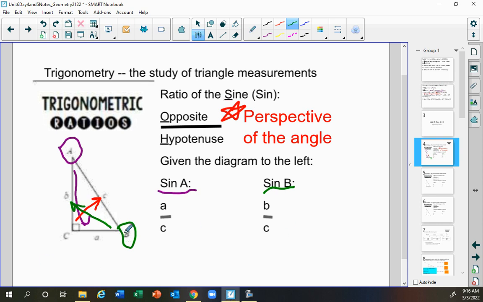Look across, that's the side. So it all depends on the angle. That's going to help you determine sine, cosine, and all that. But the hypotenuse will always be the same. Hypotenuse is always across on the right angle. So that one, that's a slam dunk.